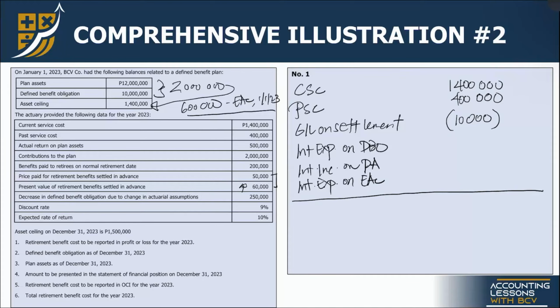Okay? Sige, next. Interest expense on DBO. Ganun ulit. Kunin mo lang ulit yung beginning balance niya, multiply it by an appropriate discount rate. In this case, 9 or 10%? Of course, 9%. Huwag mong tignan si expected rate of return. So this will be 10 million times 9%.